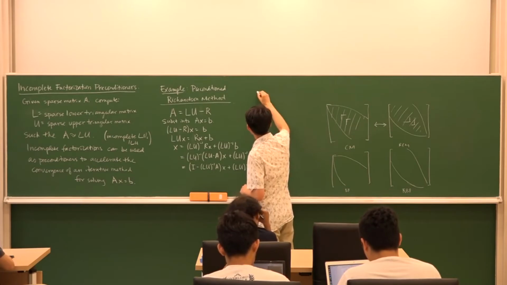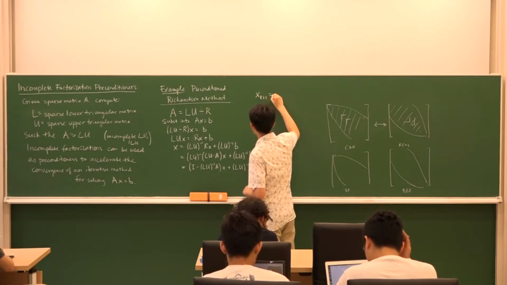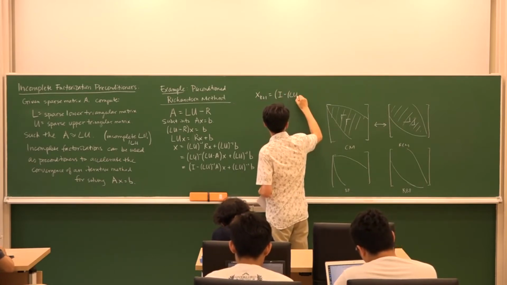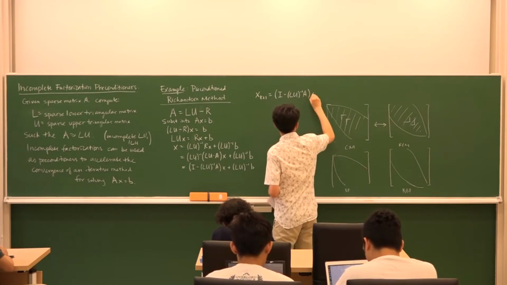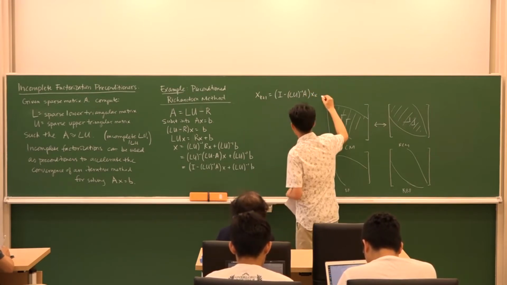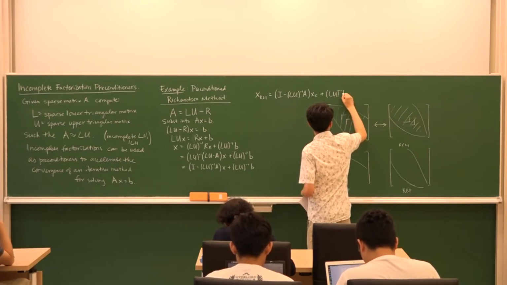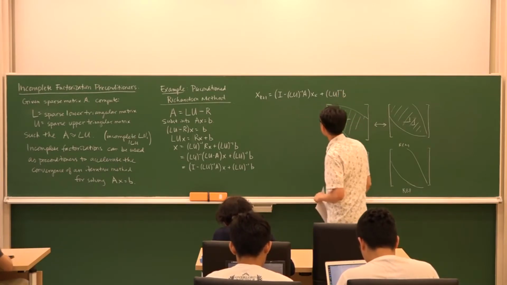So the method looks like this. x_{k+1} is equal to (I minus (LU) inverse A) x_k plus (LU) inverse b.